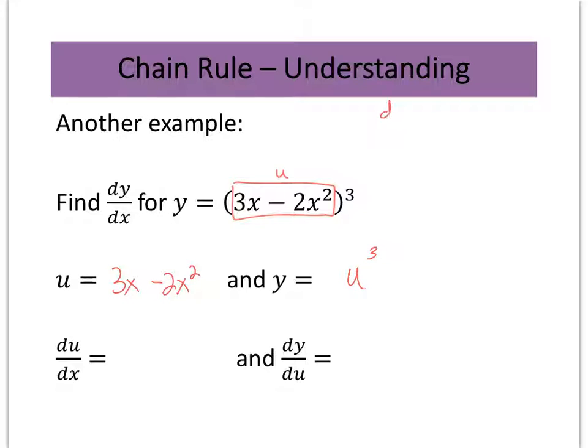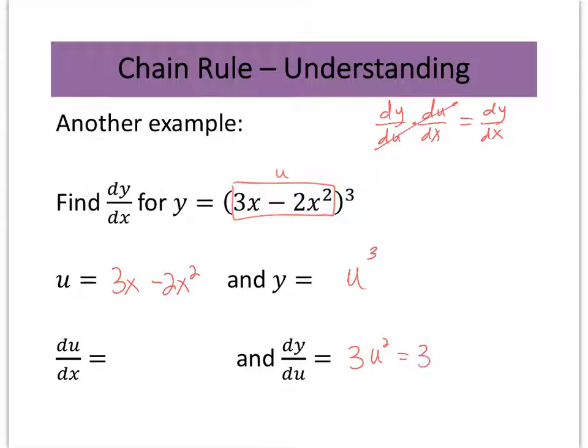Okay, remember dy/du times du/dx, those u's cancel out, so I get dy/dx, which is really what I'm after to begin with. So I need the derivative of y with respect to u, so 3u squared, but we know that u is going to be that 3x minus 2x squared.